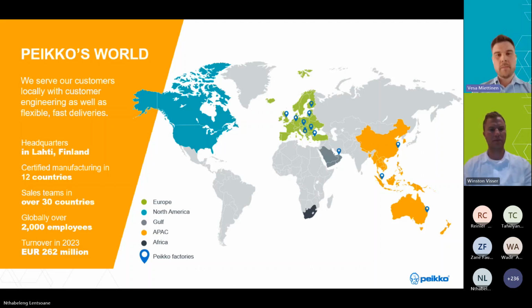Our aim is to make our items that we produce in our own factories, and we have more than 30 countries covered by the sales teams, globally over 2,000 employees, and last year's turnover was 262 million euros. Actually, I haven't done the calculation of what it is in South African rands, but maybe you can do the math there. And here you can see the map where we are covered. So it started from Europe, and now we are spreading all around, and we are a global company.